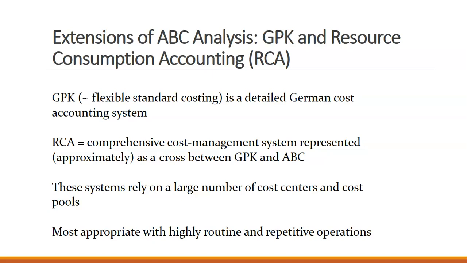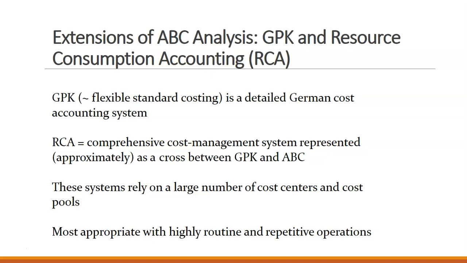Both of these accounting systems have large numbers of cost centers and cost pools, where in activity-based costing, we might look at 3 to 5 activity rates in some of these examples. With these other two methods, with GPK and RCA, we could have up to 20 different cost centers and cost pools.